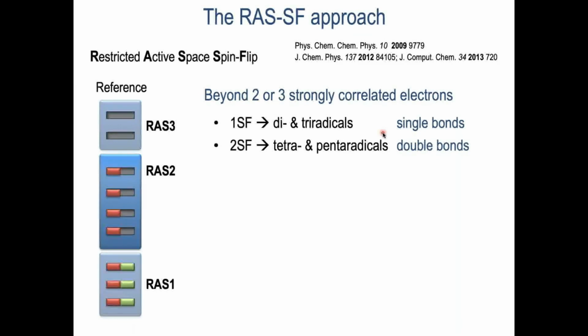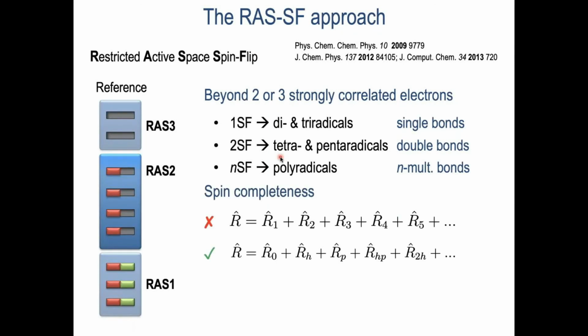But we can use a double spin flip to study tetraradicals, pentaradicals, or to break two bonds simultaneously, or in general any number of correlated electrons or polyradicals, right?